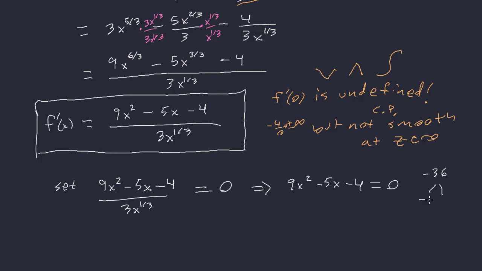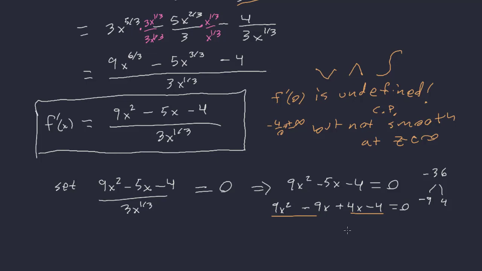So I would say negative 9 and 4, which is exactly what we have here. So again, with this method, we split this negative 5x up into a negative 9x plus a 4x. So we end up with 9x squared minus 9x plus 4x minus 4 equals 0. And then we can factor each of these by grouping.